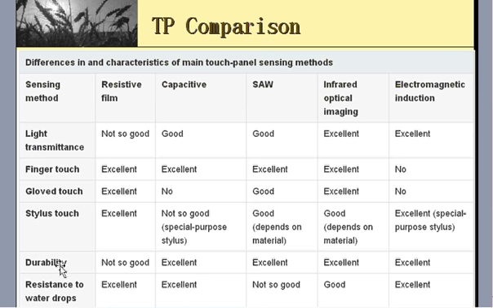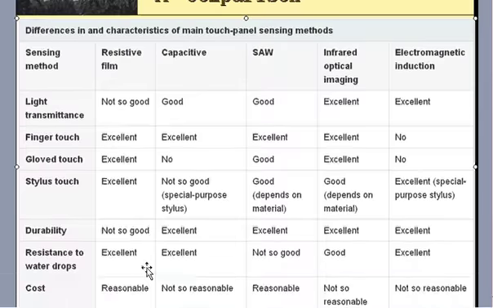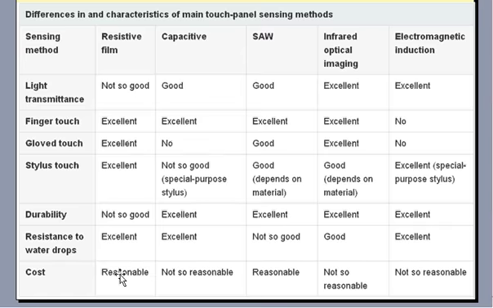For durability, resistive is not so good because we have to press it down and make the ITO contact. If you touch it a million times, the ITO can get cracked, or the plastic can get scratched. But with capacitive touch, you don't need to touch very hard. You just touch gently, so you will be good. For water drops, both are pretty good. For cost, resistive touch panel, especially 4-wire resistive, is a pretty low cost.